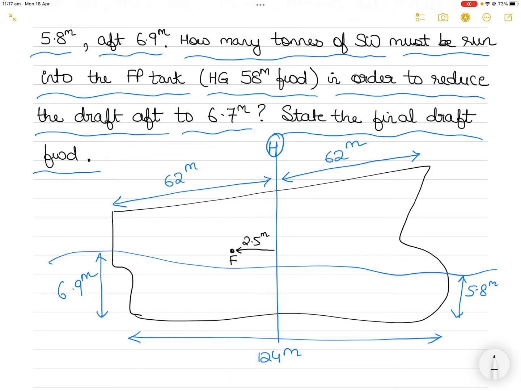This is where the center of flotation is. So if the distance from aft perpendicular to midship is 62 meters and the center of flotation is 2.5 meters aft of midship, then from aft perpendicular to center of flotation, which is called AF, is 62 minus 2.5, which is 59.5 meters.